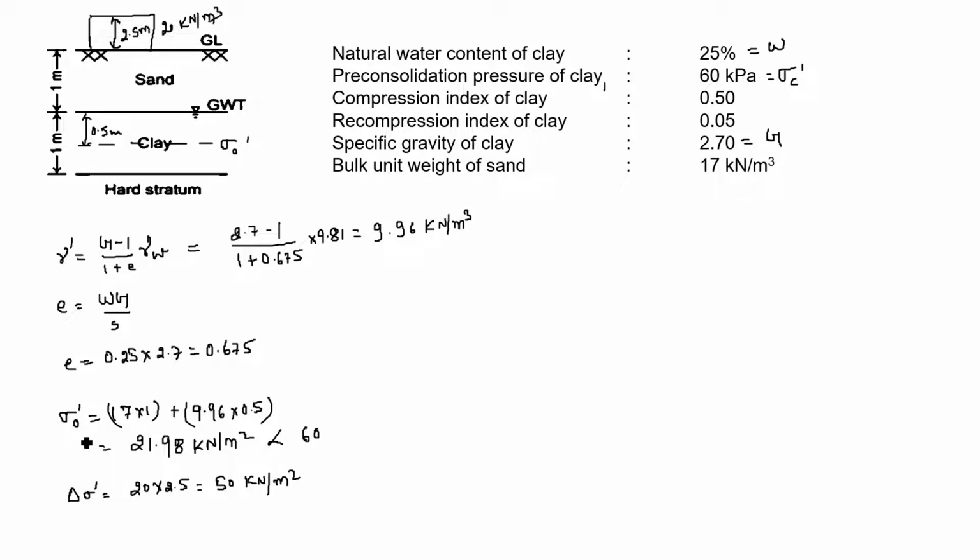Now sigma naught dash plus del sigma dash is equal to 21.98 plus 50, so it is 71.98 kilonewton per meter square, which is greater than the pre-consolidation stress, that is sigma c dash.